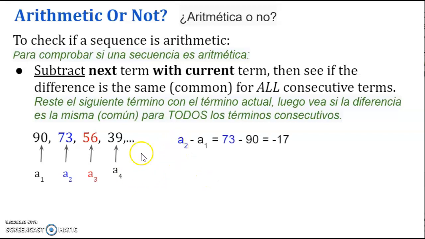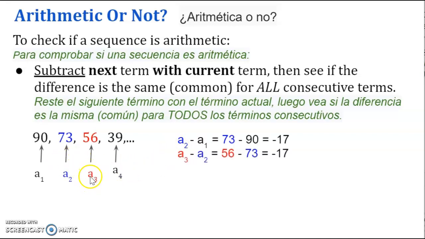And so what we can do is get the second number, that's 73, A of 2 minus A of 1, is going to be 73 minus 90, and that's going to give me negative 17. So you're always going to be dealing with the current and then take away the previous. Current take away the previous and you get negative 17, and that tells me that the common difference is negative 17, so we think. But we need to check the other ones too.